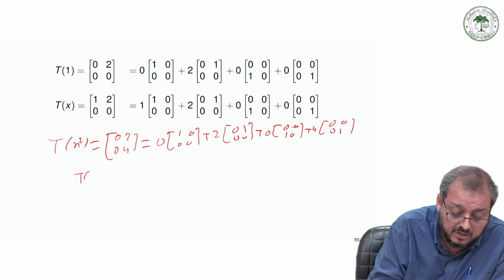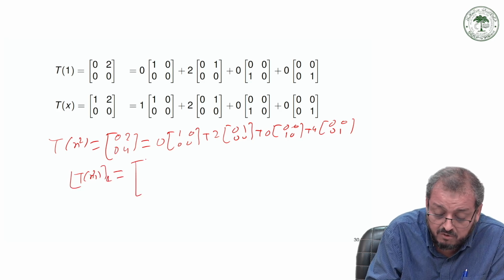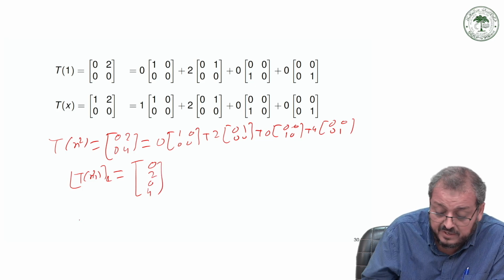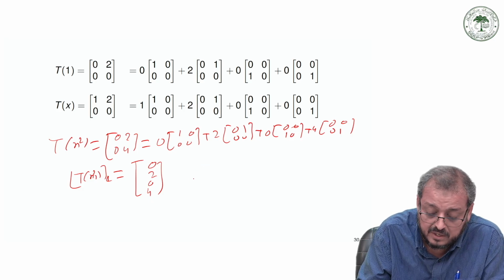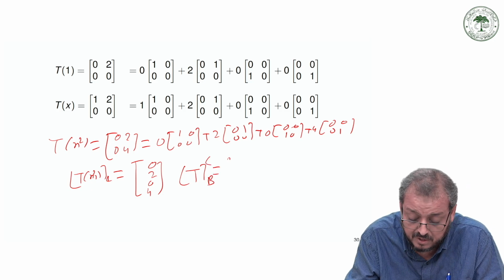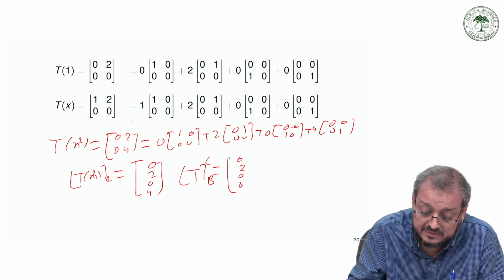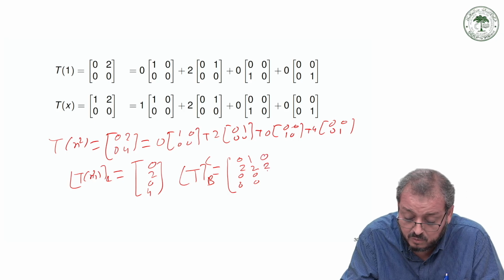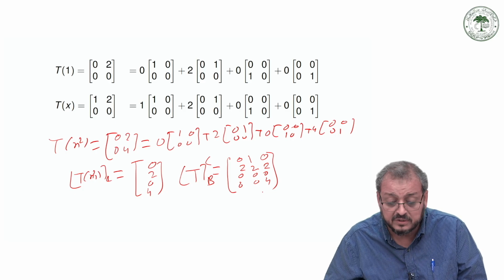That means T of x square corresponding to the basis C is the column vector 0 2 0 4. Finally, the linear transformation T corresponding to the bases B and C can be written with first column 0 2 0 0, then 1 2 0 0, and then 0 2 0 4. This is the matrix we have to get.